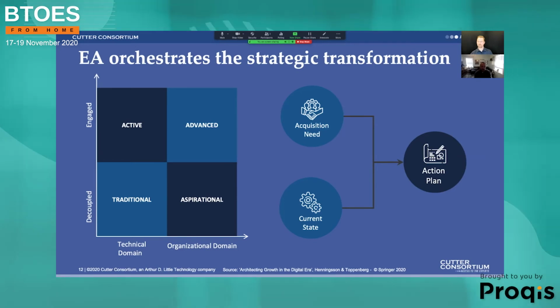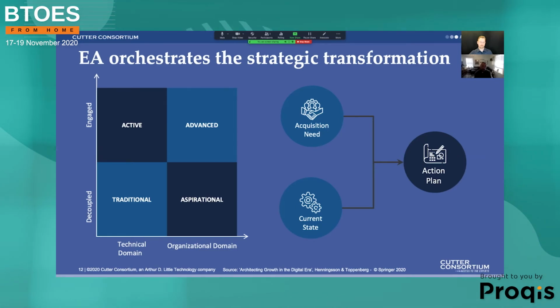Are you moving perhaps from the technical domain in a very traditional EA organization up towards being more actively engaged? You're going to partner closer with the IT leaders. Are you going to be moving more over to the right potentially, recognizing that you may not be fully engaged with a voice at the table, but you want to impact the organizational domains more directly as well?